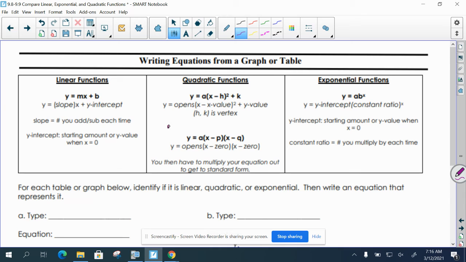So this is factored form. But then you would have to FOIL, multiply your equation out to get it into standard form for your final answer. And then for exponential, y equals a times b to the x, where the a is your y-intercept and b is your constant ratio.